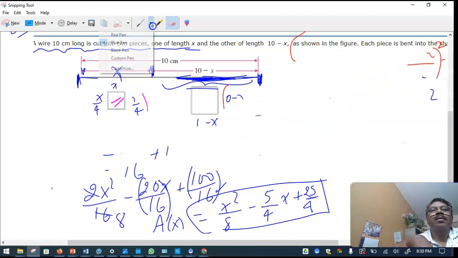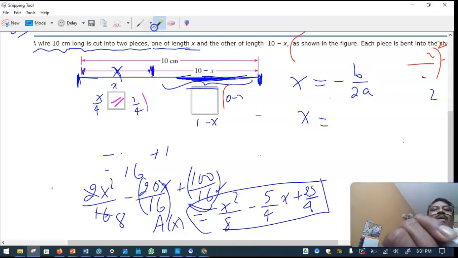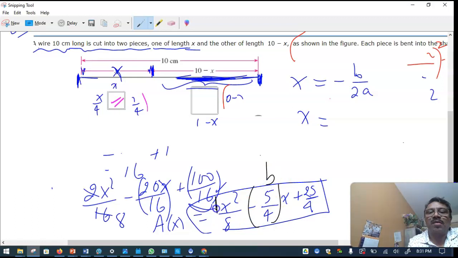In order to figure out when this is going to be maximum, the formula is x equals minus b over 2a. So that is x equals minus the opposite. Now in this case, what's the b? This is the b. And what is a? A is 1 over 8. So we have to be careful that a is 1 over 8.